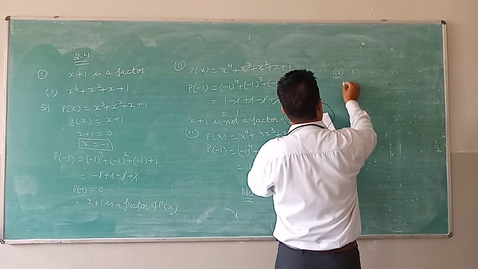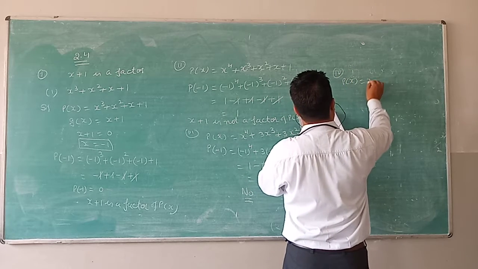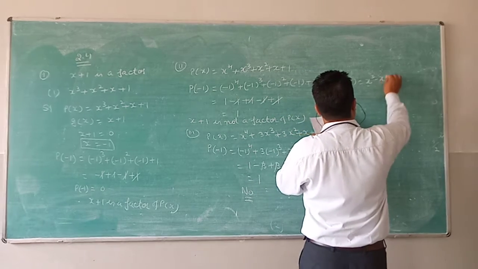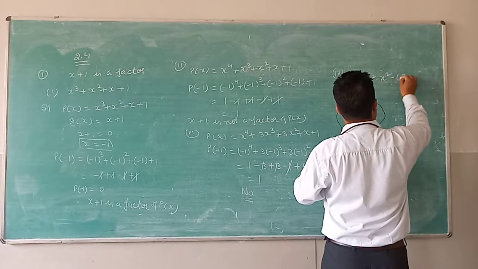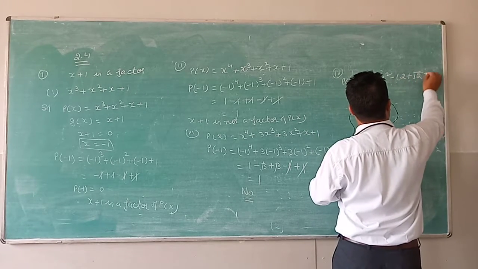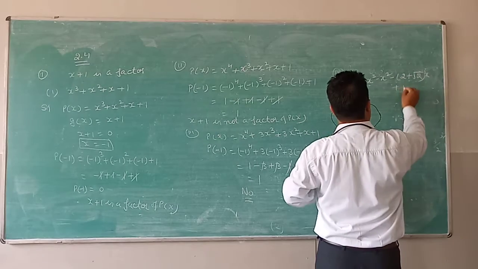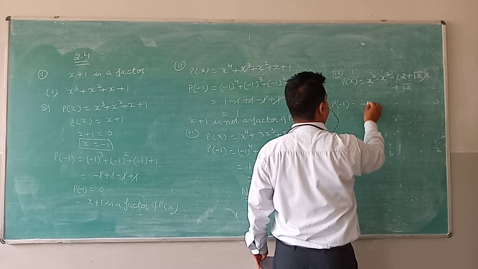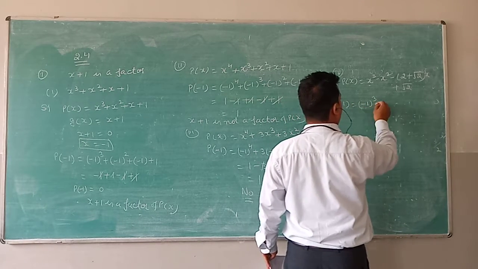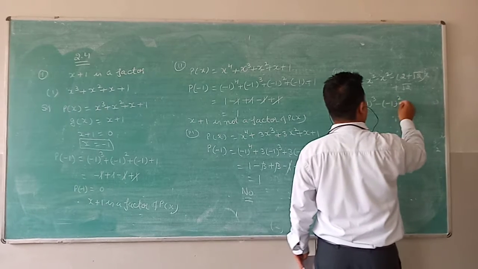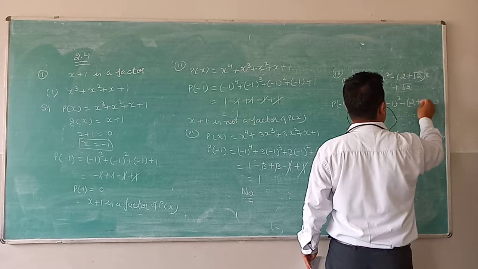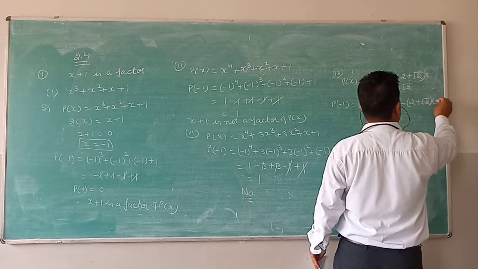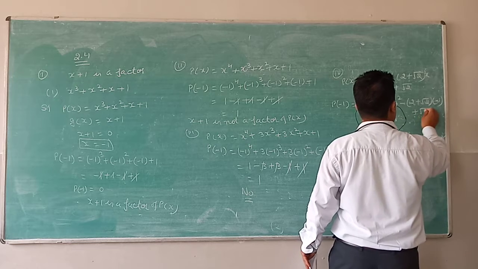In the fourth part, the polynomial p(x) is x cube minus x square minus (2 plus under root 2)x plus root 2. When we put x is equal to minus 1, this is minus 1 the whole cube, minus 1 square, 2 plus root 2 times minus 1, plus under root 2.